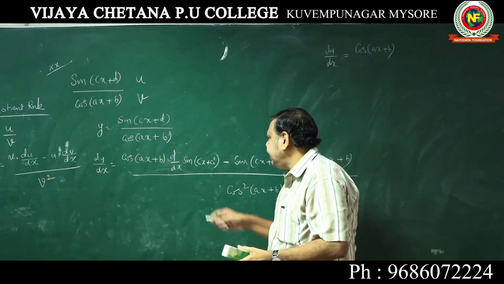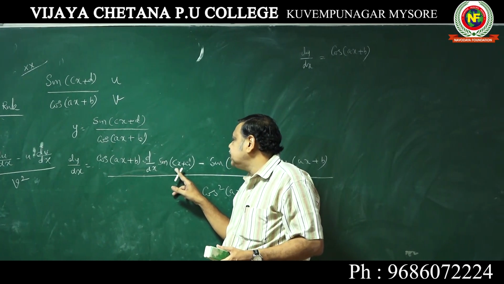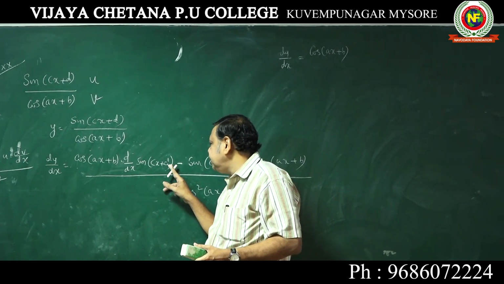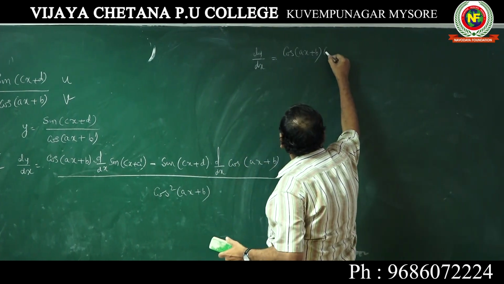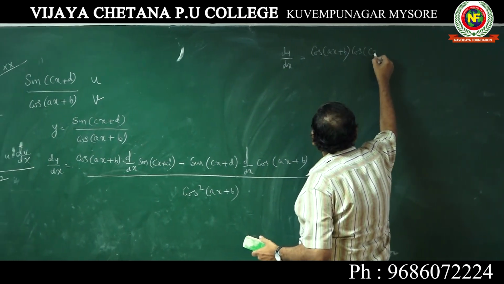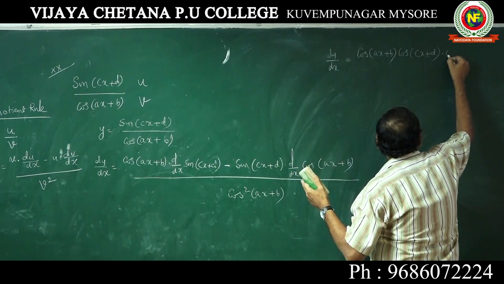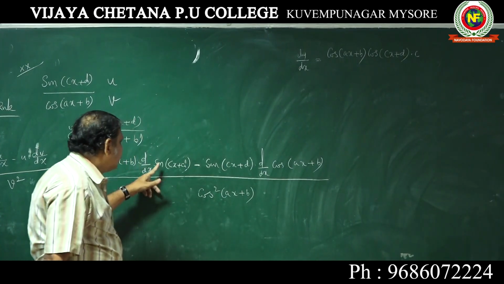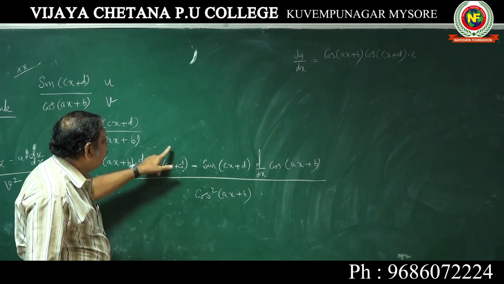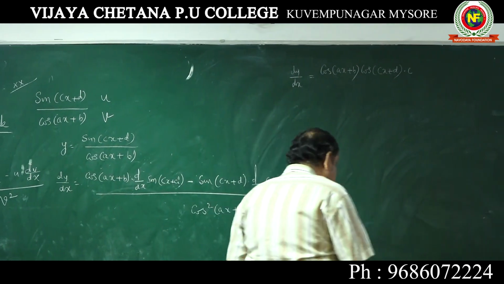I am putting directly cos(cx + d) into c, because d by dx of cx + d, d is a constant so 0, and cx is c into 1. So I will put directly cos(cx + d) into c. All of you have understood how I am writing this c, because of function of a function, the chain rule: cos(cx + d) into d by dx of cx + d, what I have written is c.